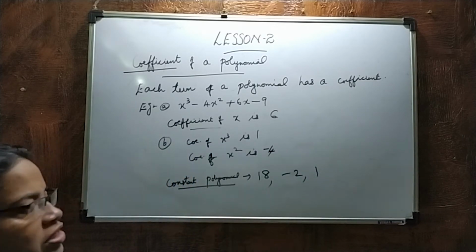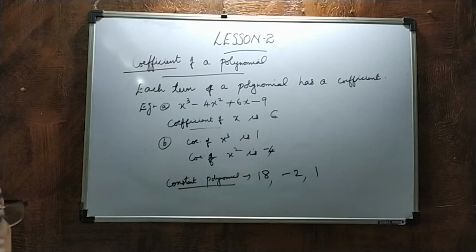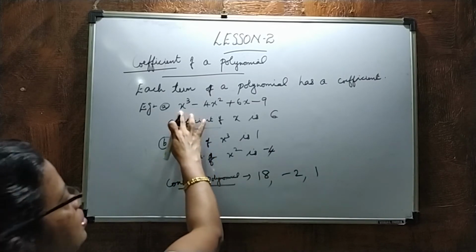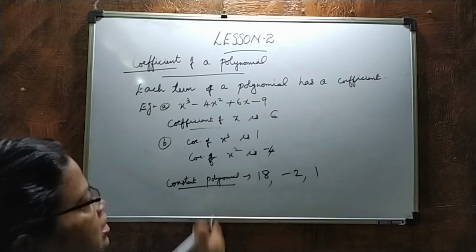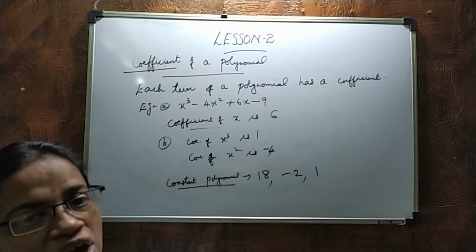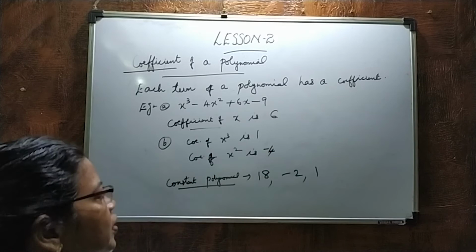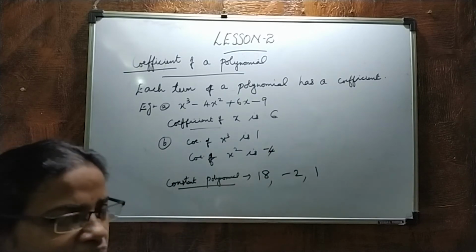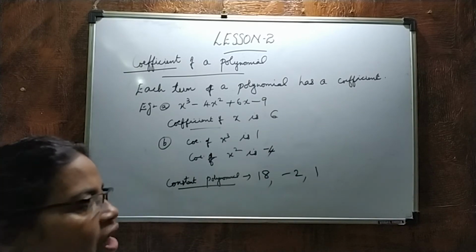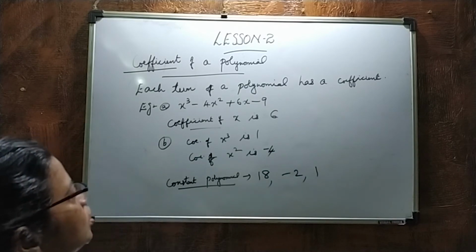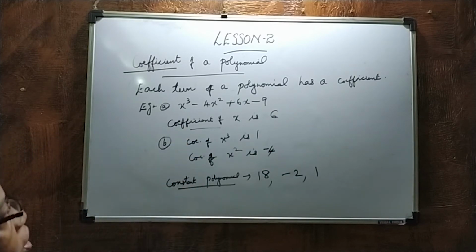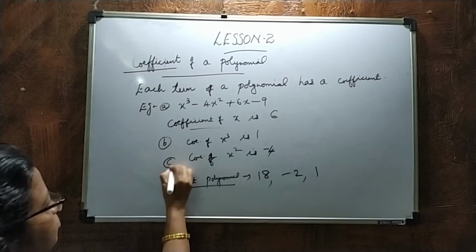These are the examples of the constant polynomial. These are the terms we have: x cube, negative 4x square, then the third term is 6x, and negative 9 is a constant term. So constant polynomials, just alone, they are giving means it is a polynomial and only numbers are there, so it is called a constant polynomial. So the coefficient of x cube, x square, everything you have studied now.